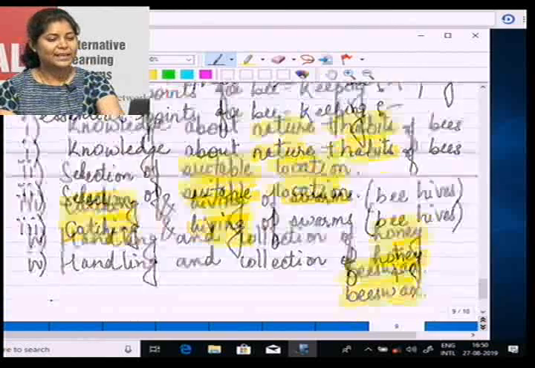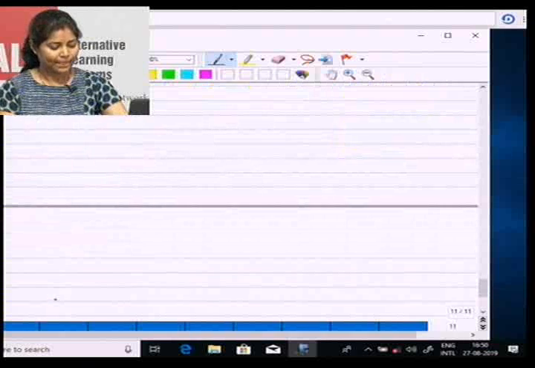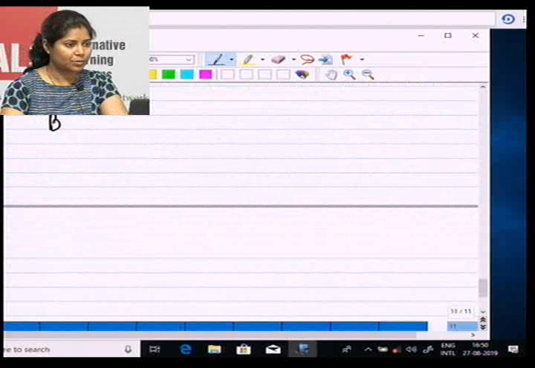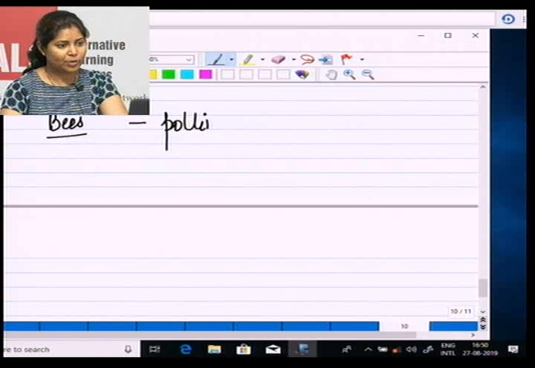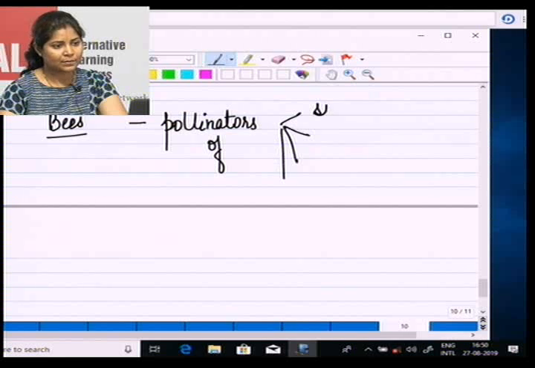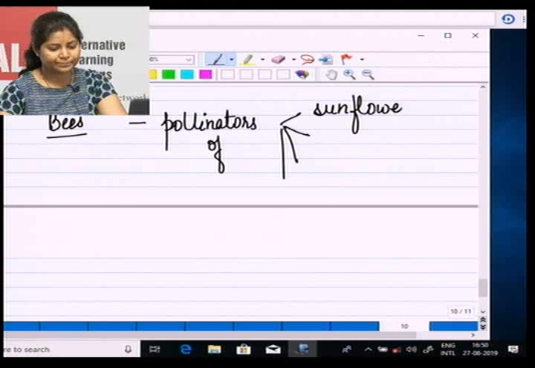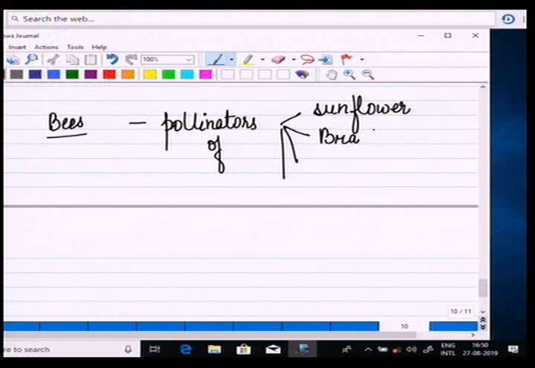We talk about bees. So, what are bees? Bees are pollinators of what? Sunflower. What is brassica? Anybody?